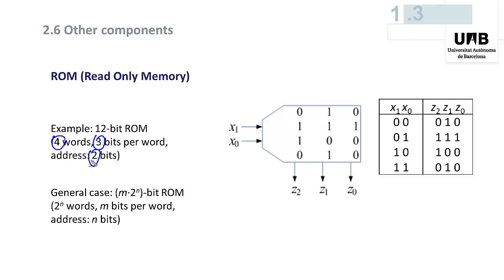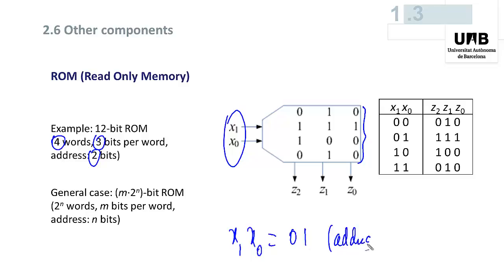With the address bits x1 and x0, we select one of the 4 stored words. For example, if x1, x0 is equal to 01, that means address 1, then the output Z2, Z1, Z0 will be equal to 1, 1, 1.